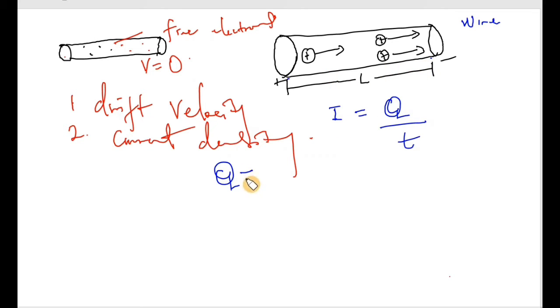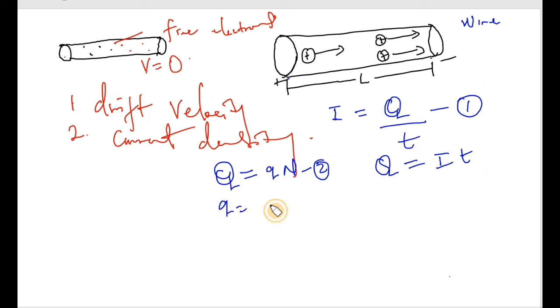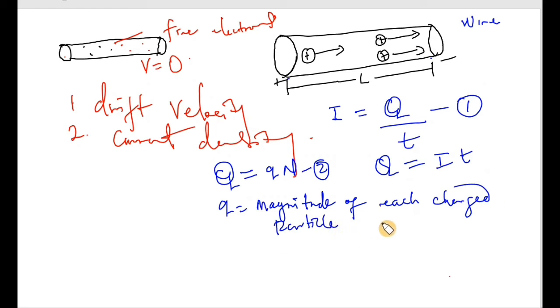Considering this as equation 1 and this as equation 2, the total charge can be written as the product of current and time. We can also write it as Q = nq, where q is the magnitude of each charged particle, and for an electron or proton, we have it as 1.6 times 10 to the power minus 19.